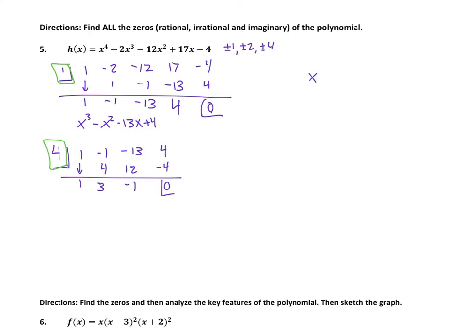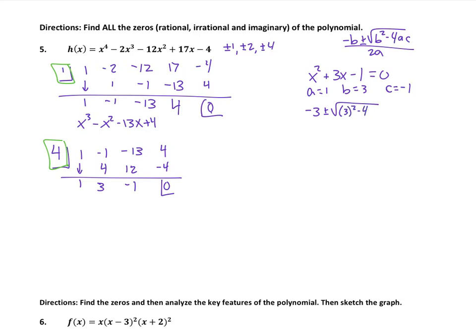We're left with x squared plus 3x minus 1 equals 0. We can't factor this, so we're going to use the quadratic formula: -b plus or minus the square root of b squared minus 4ac, over 2a. So a equals 1, b equals 3, c equals -1. We're going to go -3 plus or minus the square root of 3 squared minus 4 times 1 times -1, all over 2.